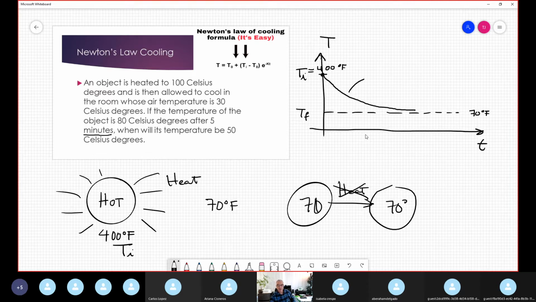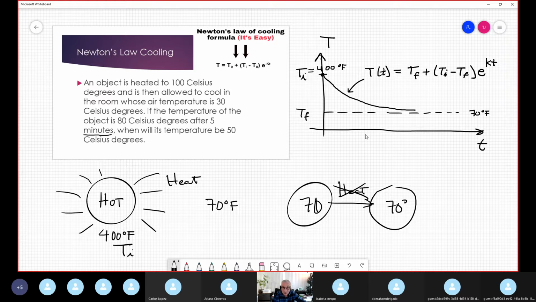And the formula for the temperature at any time, the famous Newton's law of cooling, is: temperature at any time is equal to temperature final plus temperature initial minus temperature final, times e to the kt. And the famous k depends on the environment, if it is air or something else, depending on the physical conditions.